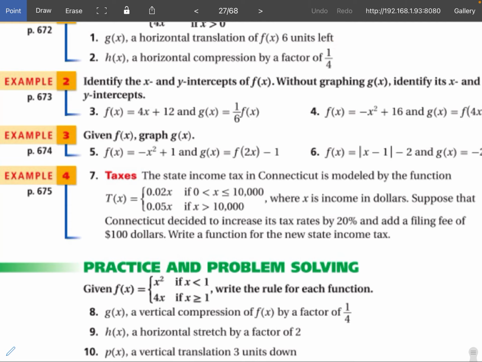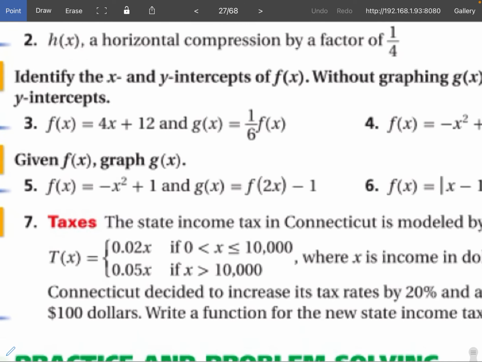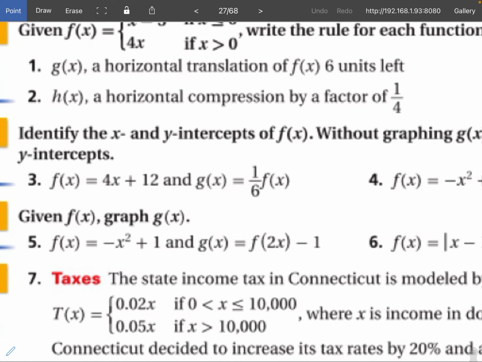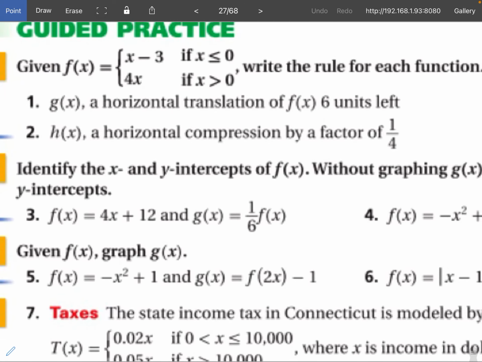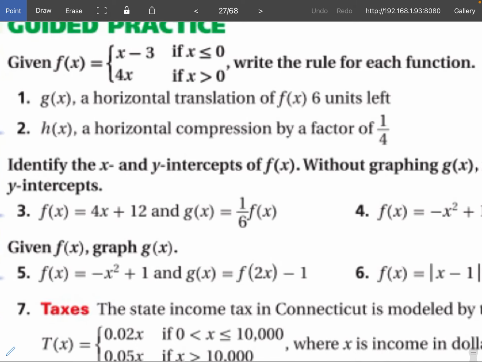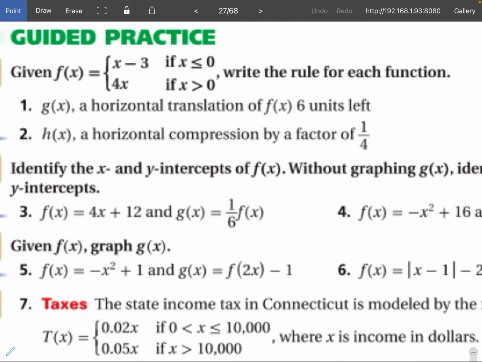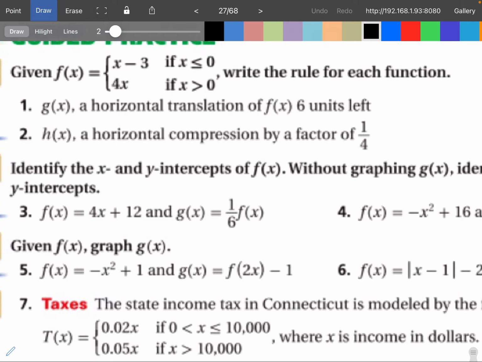So the first one, it says g of x is a horizontal translation of f of x 6 units to the left. Okay? So here's f of x right here, and we're going to go 6 units left.